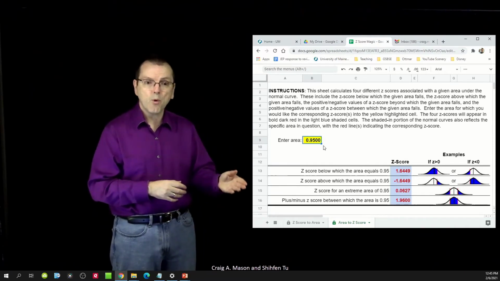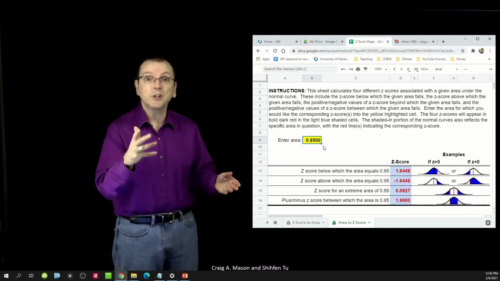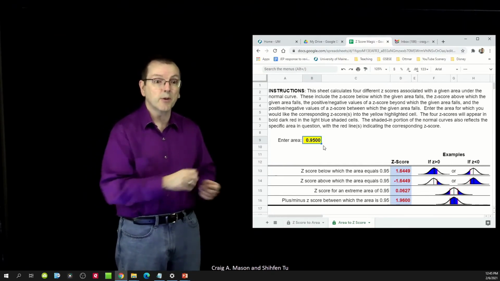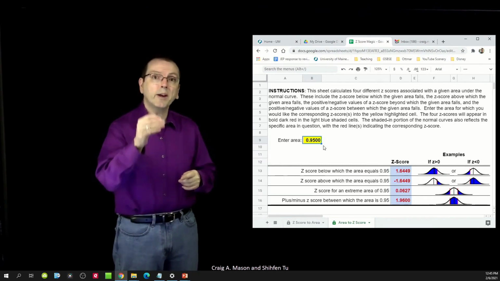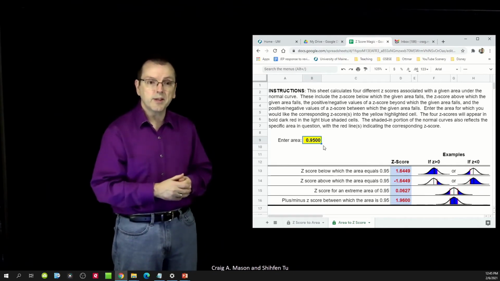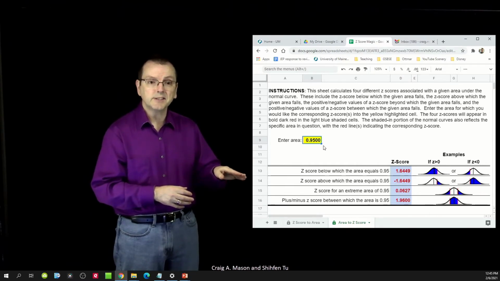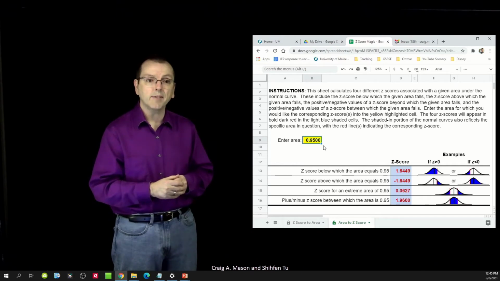Then we have 4 different answers based on the type of question, going back to the magic words video that we're looking at. Now, I've entered an area of 0.95, and let's see how that works with these different answers, starting at the top. So the first one in this case is the z-score below which the area equals 0.95.